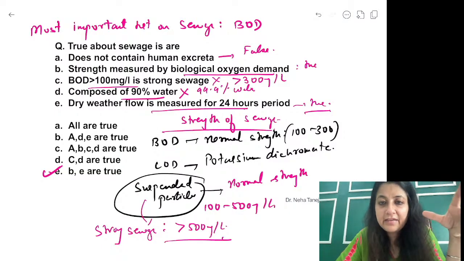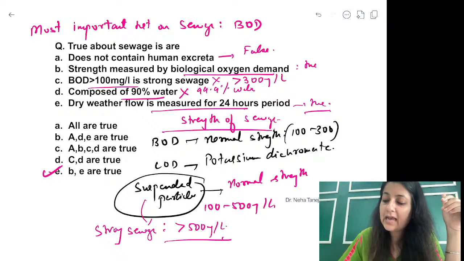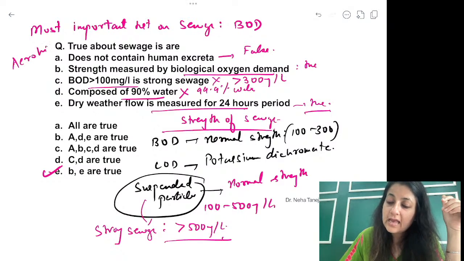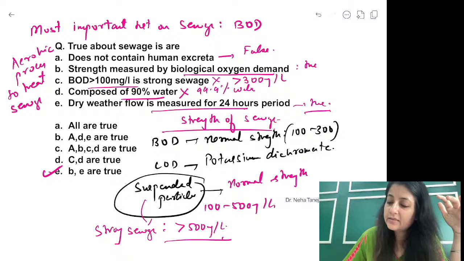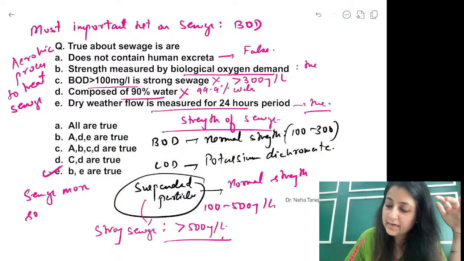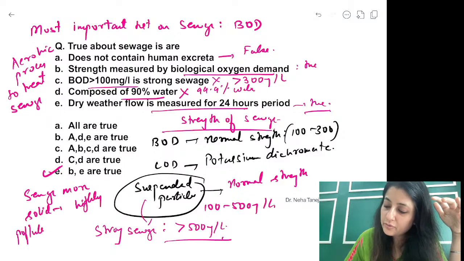To treat sewage, more importantly, we rely on the aerobic process. But if it is highly polluted with more solid content, then we are going to rely on the anaerobic process.